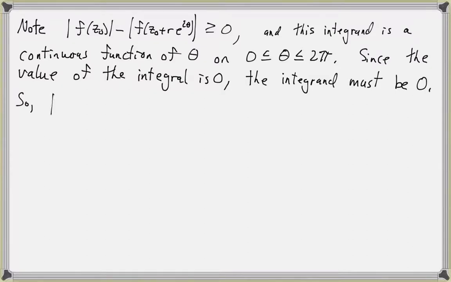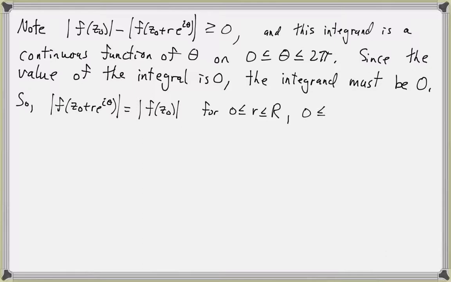So we have that the absolute value of f of z0 plus r e to the i theta equals the absolute value of f of z0 for any little r between 0 and capital R, and for theta between 0 and 2 pi.